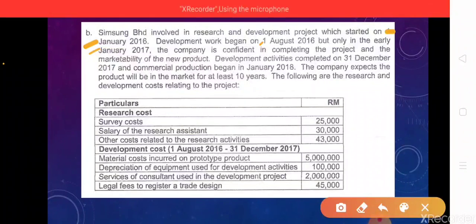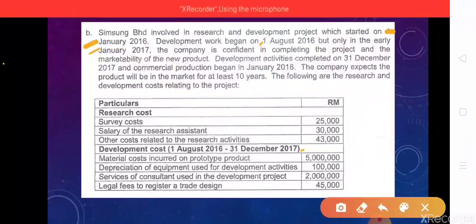So the development cost that occurred from August 2016 up until December 2016 still did not satisfy the capitalization criteria, right? Okay, so development cost started on 1st August 2016 until 31st December 2017.